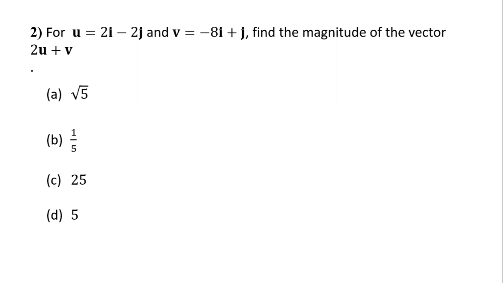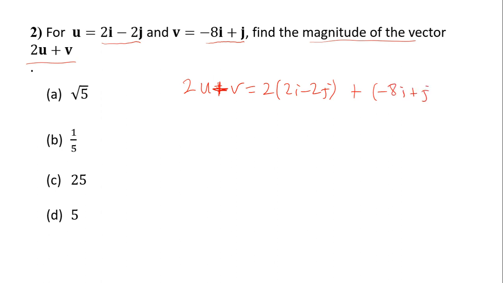Okay, for u equal to 2i minus 2j, and for v negative 8i plus j, find the magnitude of the vector 2u plus v. First, let's calculate 2u plus v, which is 2 times 2i minus 2j, plus negative 8i plus j.